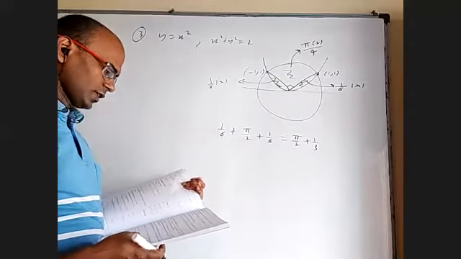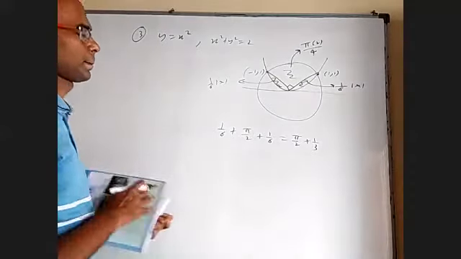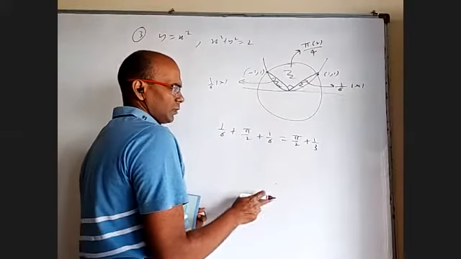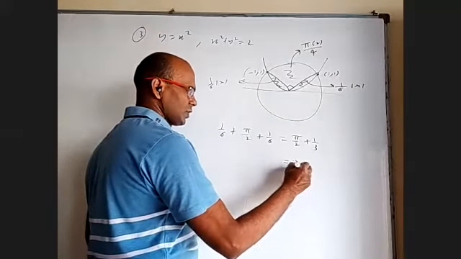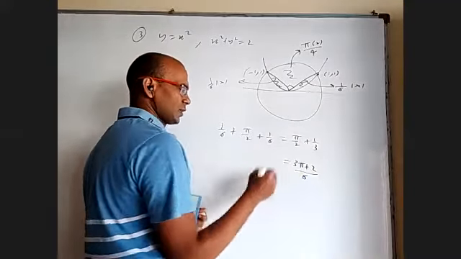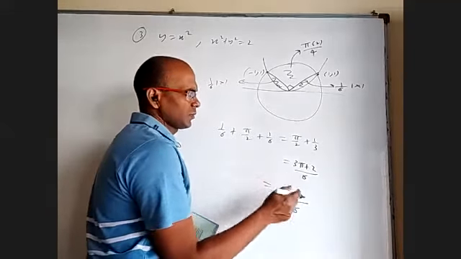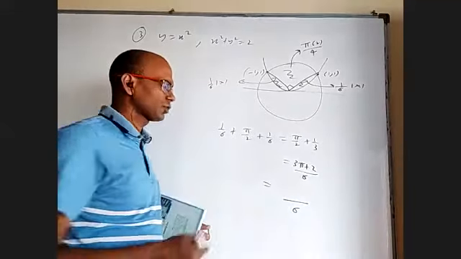And then they want the integer part of this. Anyway, I can write (3 pi plus 2) by 6, or directly I can simplify it. Pi is approximately 3.14.